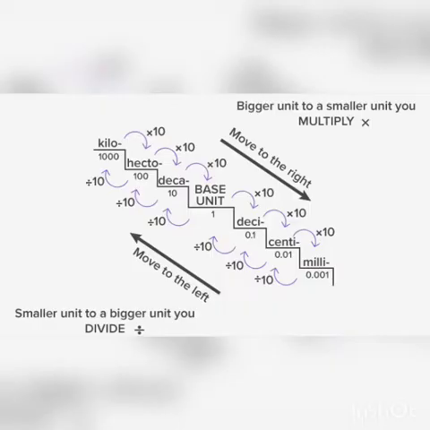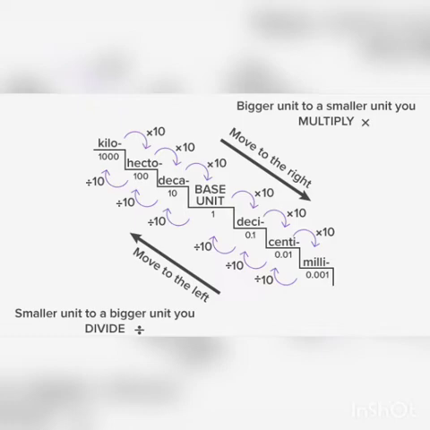See, in this diagram, we are finding how to convert bigger unit to smaller unit and smaller unit to bigger unit. When we are converting bigger unit to smaller unit, you will multiply it. Keep it in your mind. Bigger to smaller, you will multiply it.